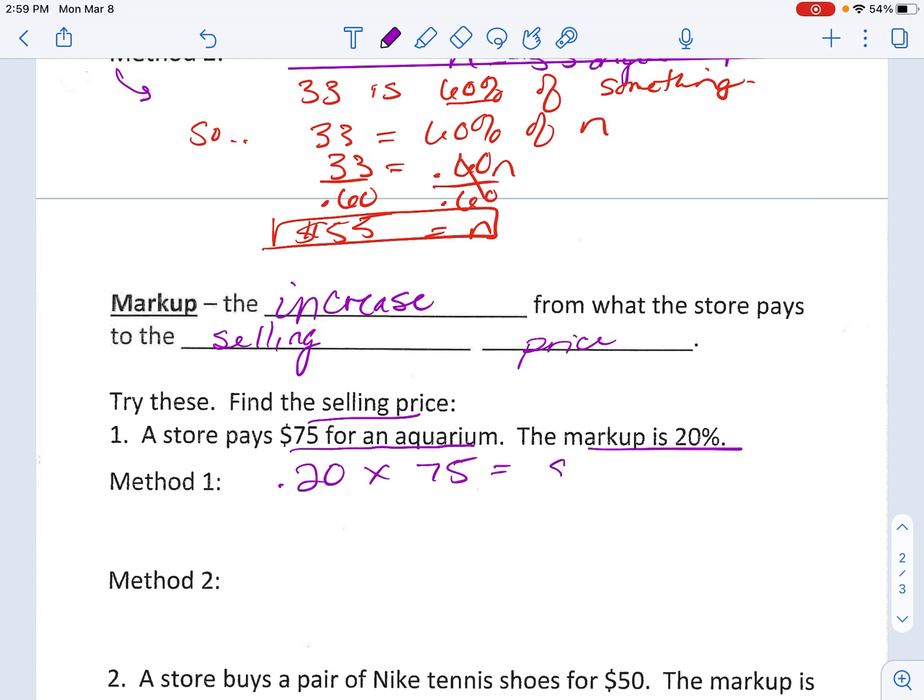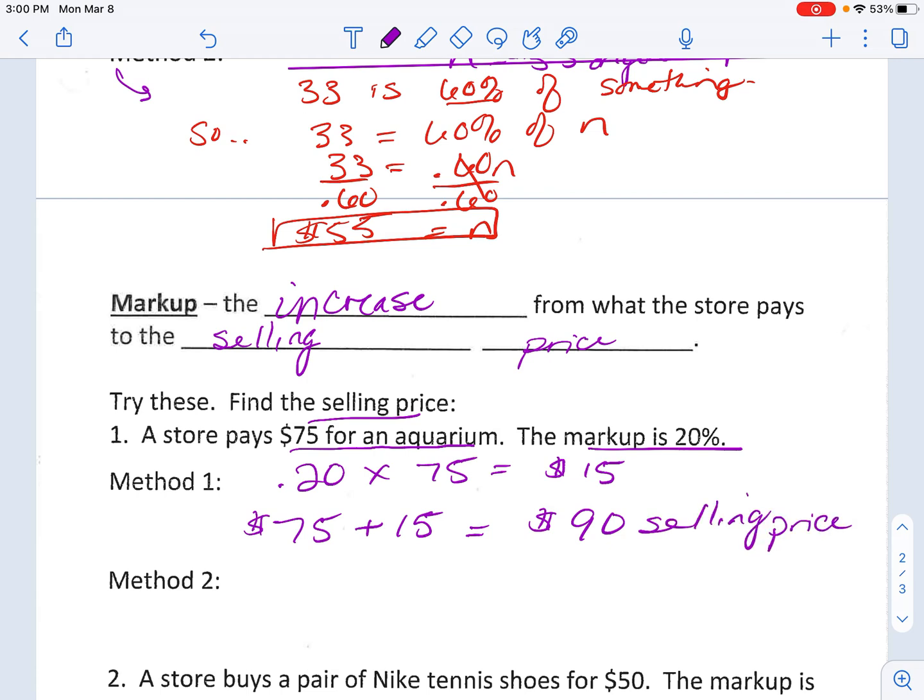So 0.20 times 75, that's $15 is what they're going to increase the aquarium so that they can make a profit. So the original amount was $75. They're going to increase it $15. So the selling price is going to be $90.